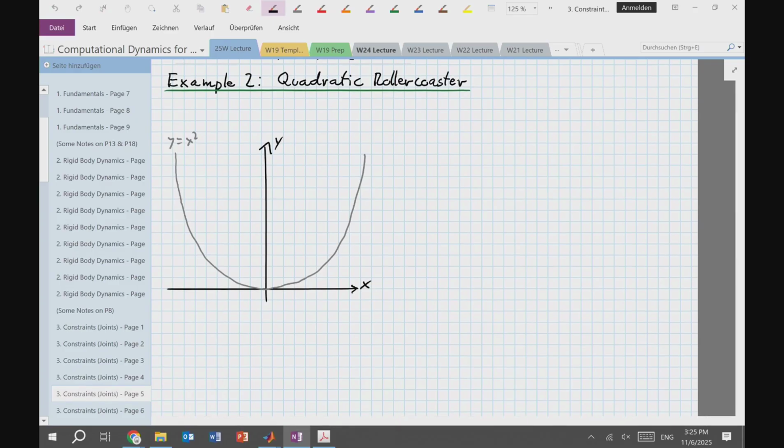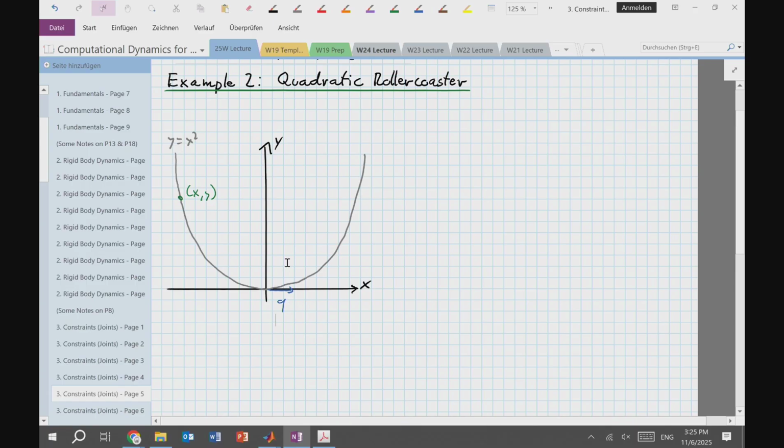What I have here is a quadratic roller coaster where I have a particle somewhere here, which is described in my x world as a point with coordinates x and y. My motion primitive is the motion in the direction of the x-axis, and my constraint is that this particle is basically moving on a parabola.